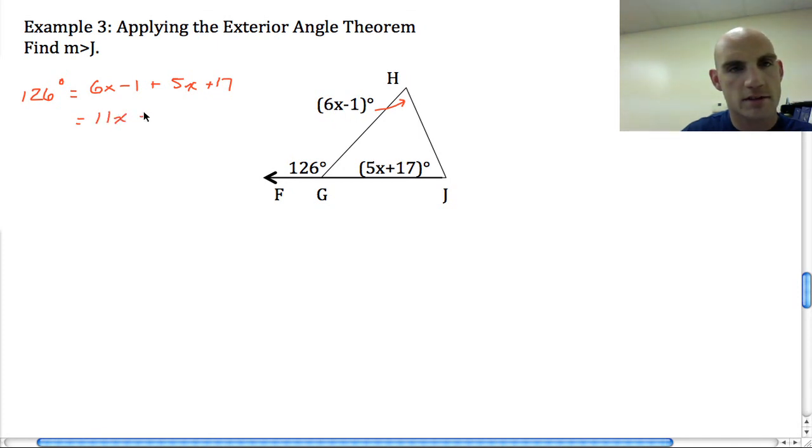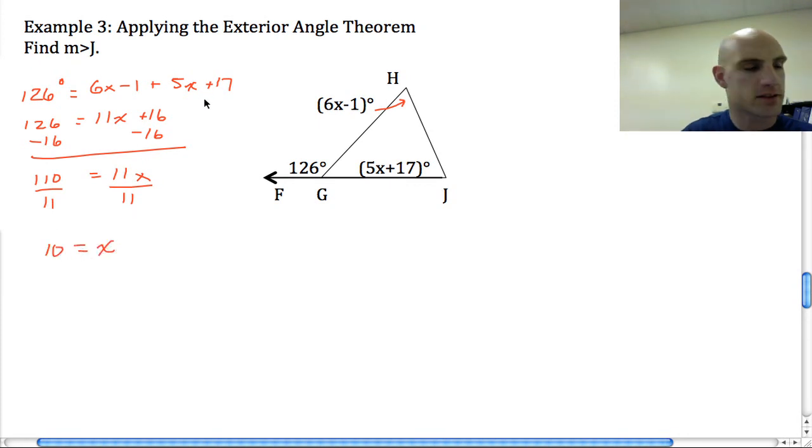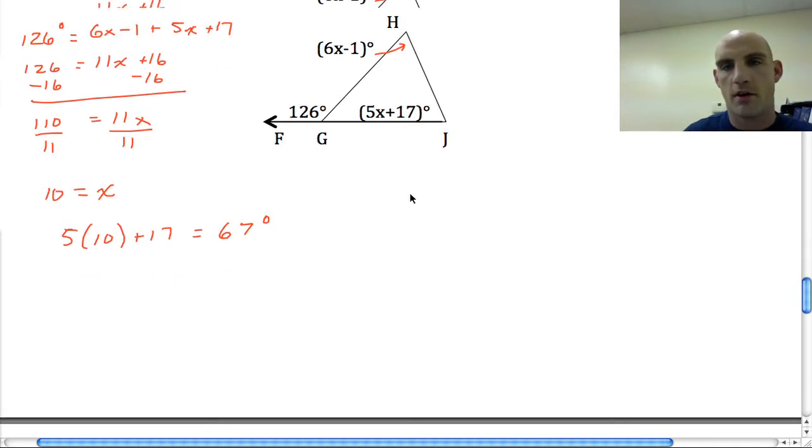I've got 11x plus 16 is equal to 126. I'm going to subtract 16 from both sides. Okay, so 110 is equal to 11x, divided by 11, and 10 is equal to x. Now, the measure of angle J is going to be 5 times 10 plus 17 is equal to 67 degrees. Okay? You see how that works.